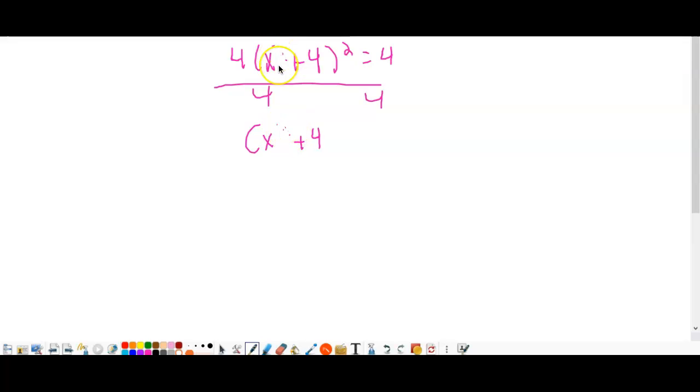To get rid of something squared, you take the square root.